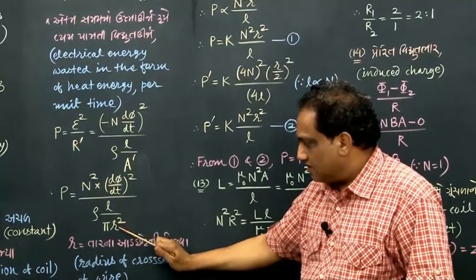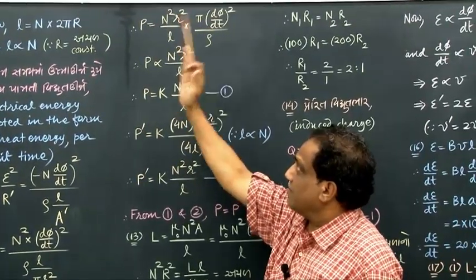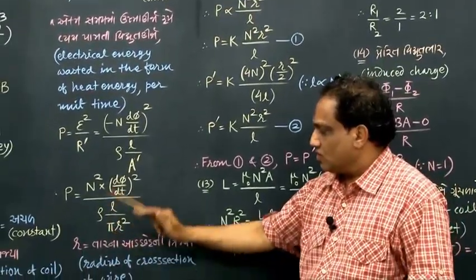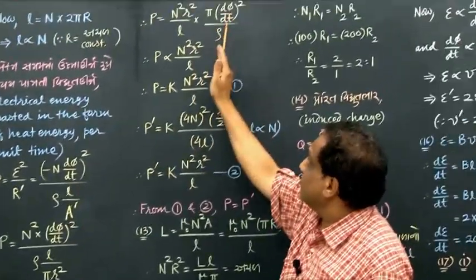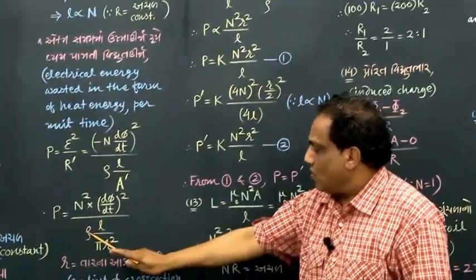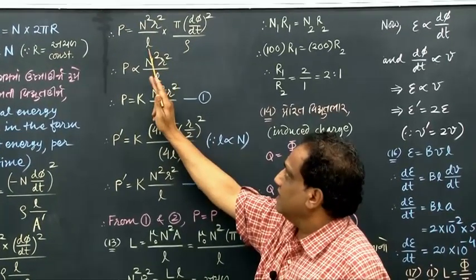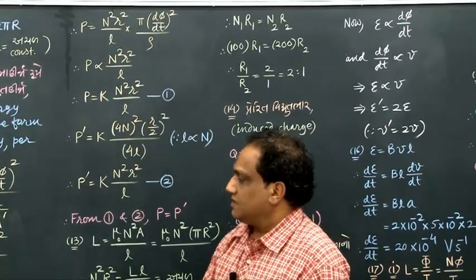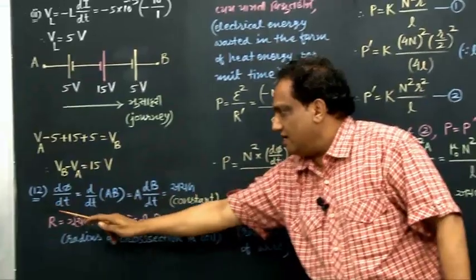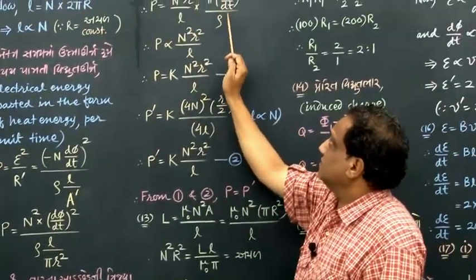N square, this r square will go up, upon L. I am just separating, into this pi also will go up, pi into d phi by dt whole square upon rho into L. Correct? Fine. Now here this d phi by dt is constant. Look, d phi by dt is constant. Correct? So this part is constant.